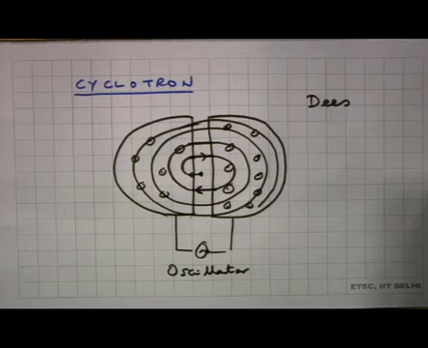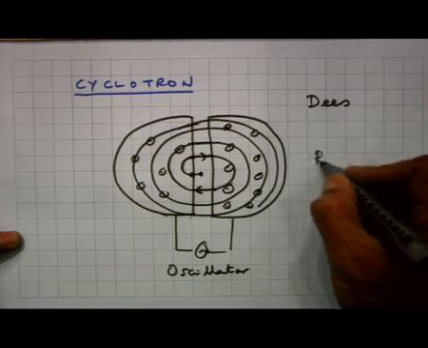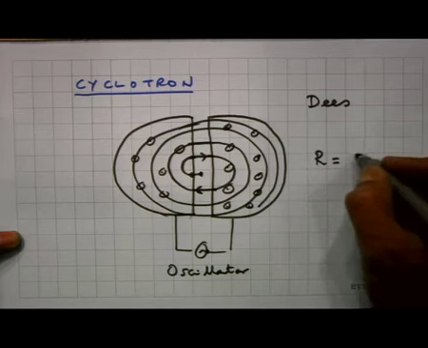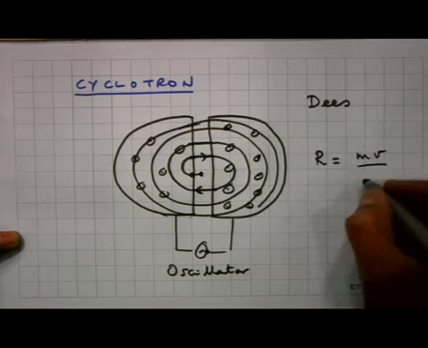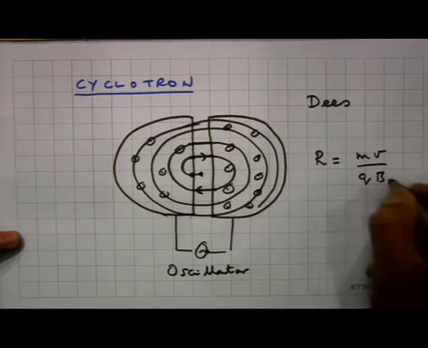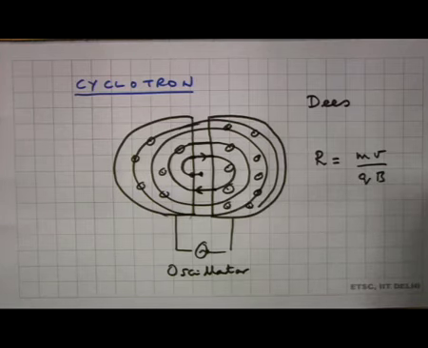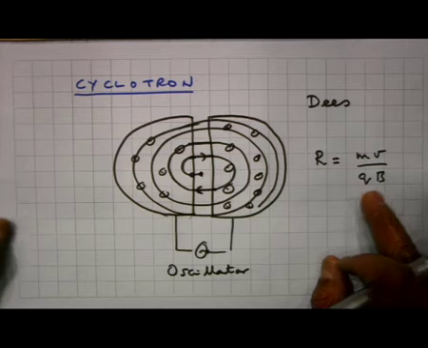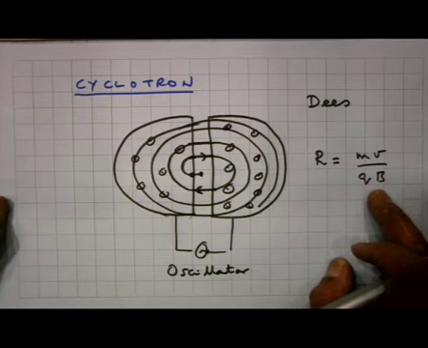Now this we have seen before, that the radius of the orbit is mv by qB, and that radius depends on the charge, mass, and the velocity and the magnetic field.